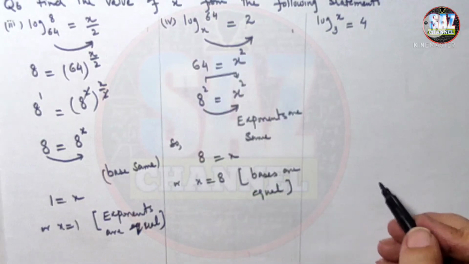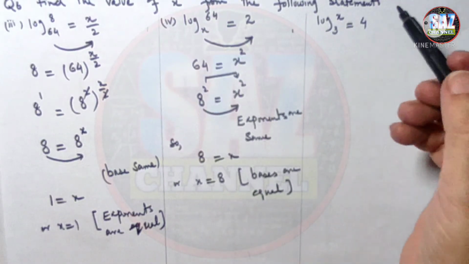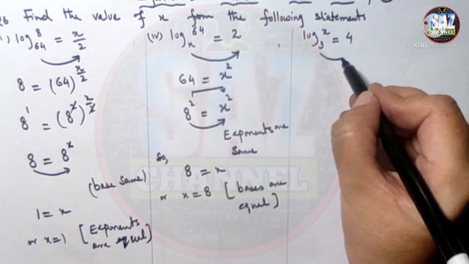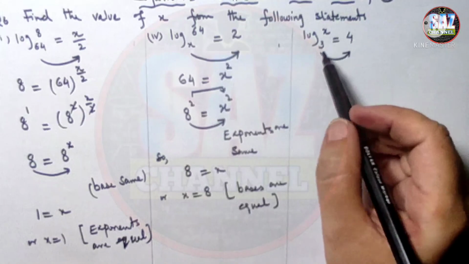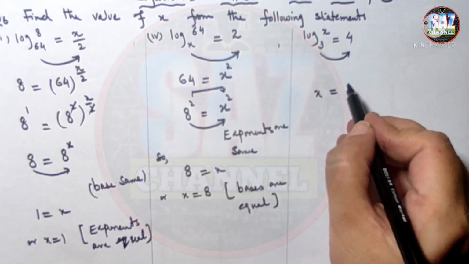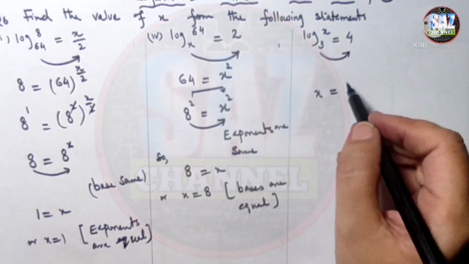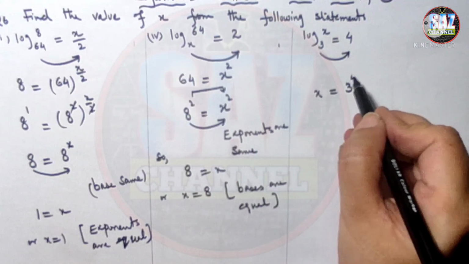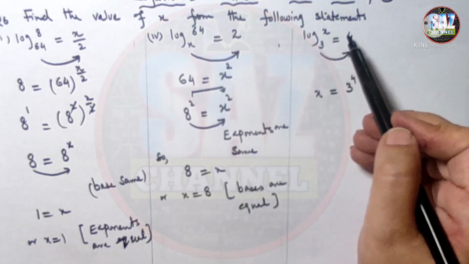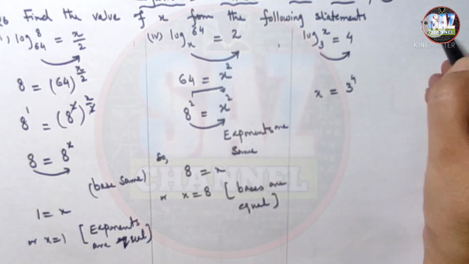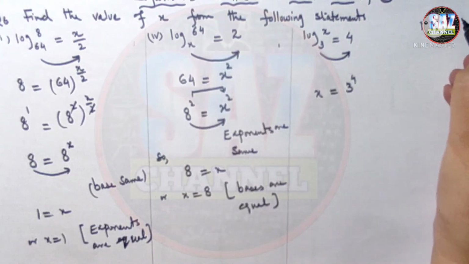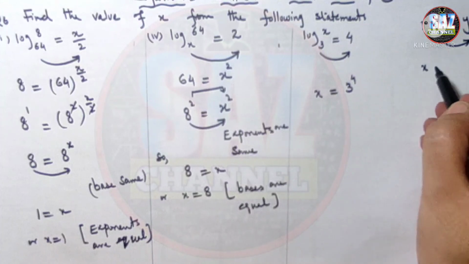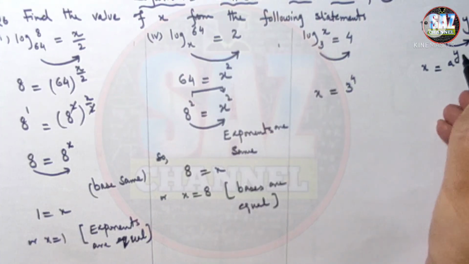Really easy questions. And moving to the last part of today's class, log x to the base 3 is equal to 4. Again turn it into exponential form. x equals 3 raised to the power of 4. We are using this rule on all these questions: log x to the base a equals y means x equals a raised to the power of y.